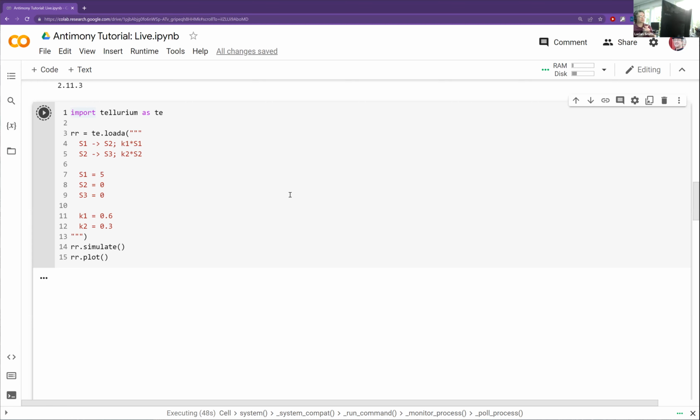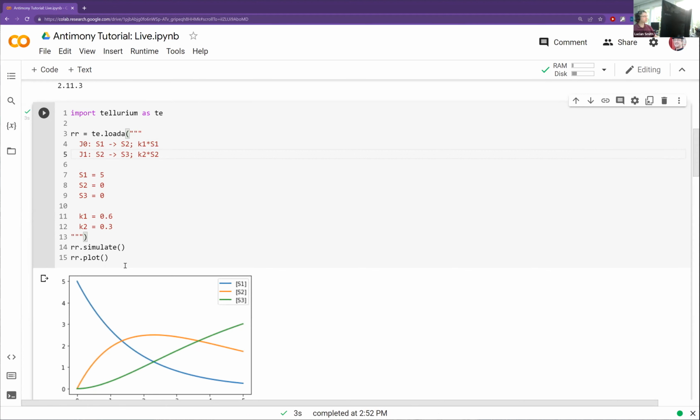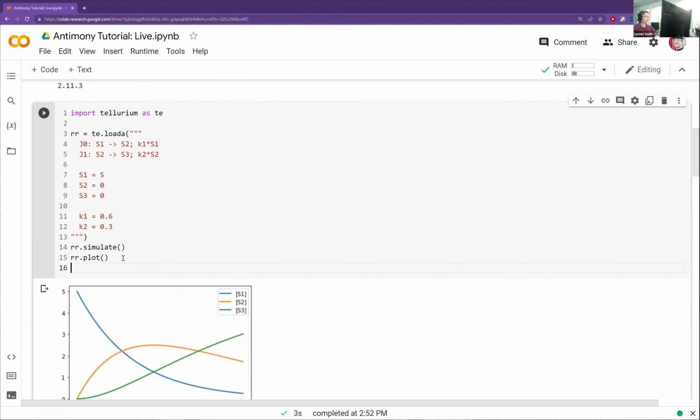You know about species, you know about reactions. You can actually give a reaction a name if you want, like that. You can use those reaction names if you want to ask what it is, like rr.J0.